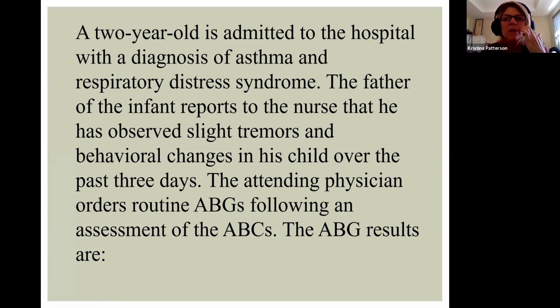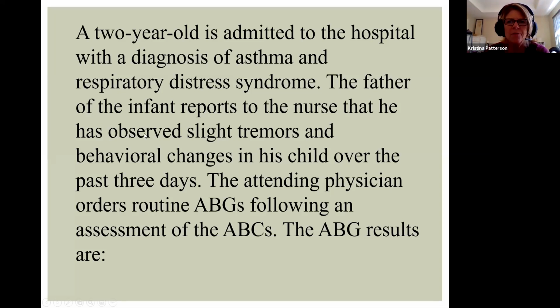So we have a 2-year-old admitted to the hospital with a diagnosis of asthma and respiratory distress syndrome. All right, so remember, asthma is a form of COPD. All right, so it all falls into COPD, chronic lung limitations. So here, automatically, we think we probably have a respiratory acidosis.